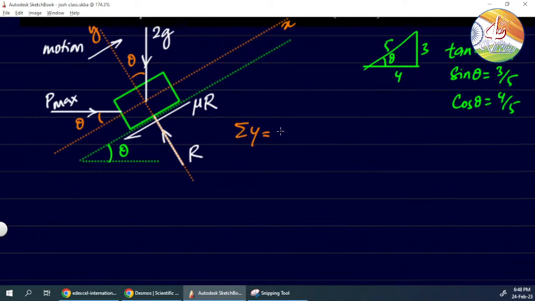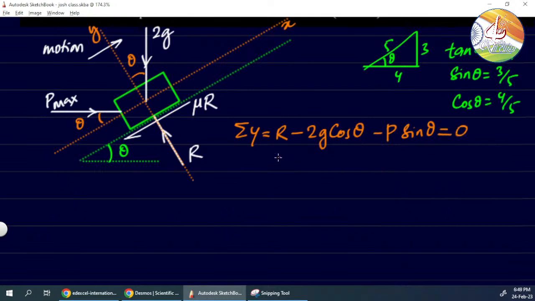R is acting in the positive y direction. 2g cos theta is acting in the negative y direction, and P sine theta is also acting in the negative y direction, so minus. Friction is parallel to the x axis, so it doesn't have any effect in the y direction.